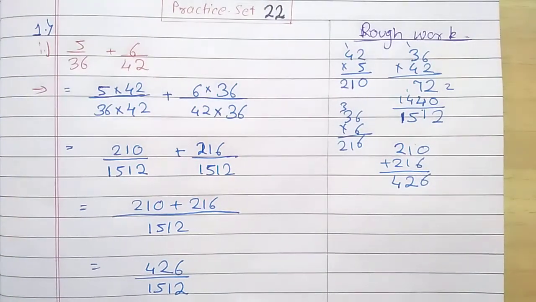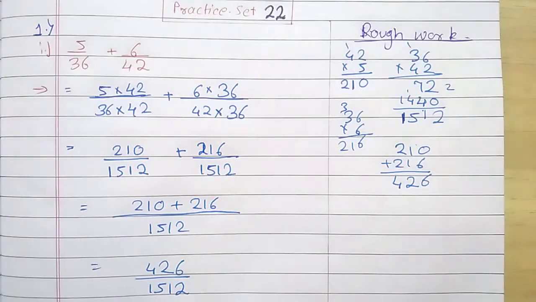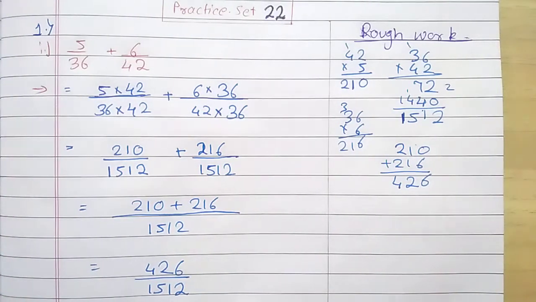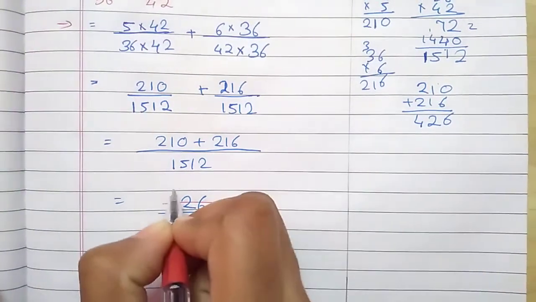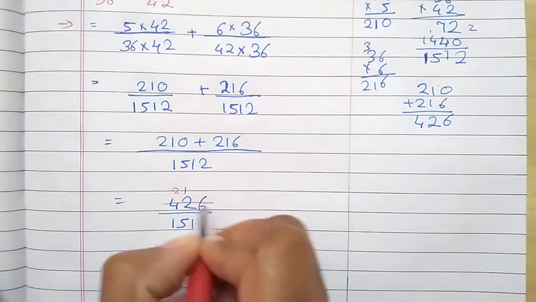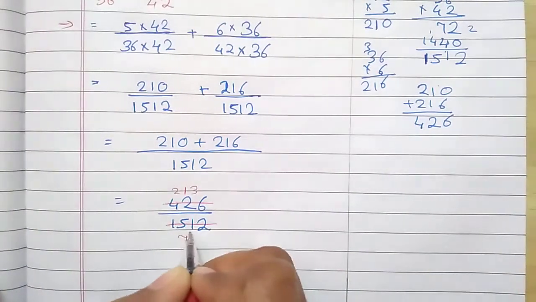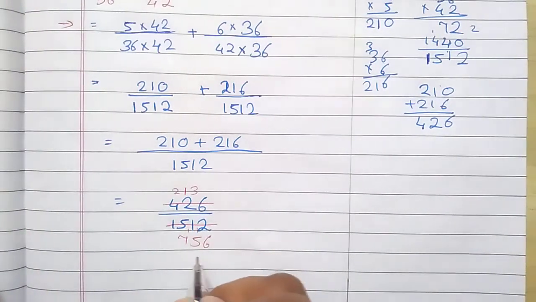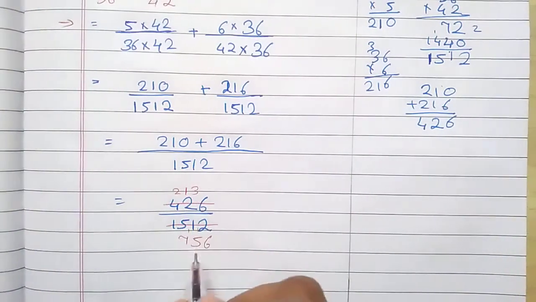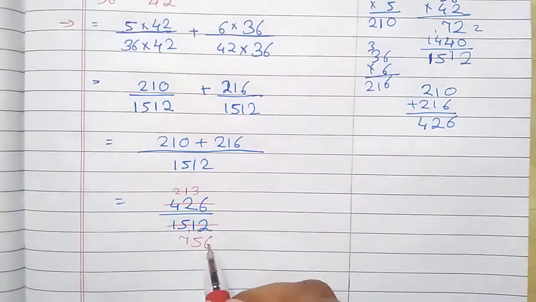Now we have to divide this. I will show you all the division also. 2 2s are 4, 2 1s are 2, 2 3s are 6, 2 7s are 14, 2 5s are 10. It will not go with 2's table because one is odd and one is even.